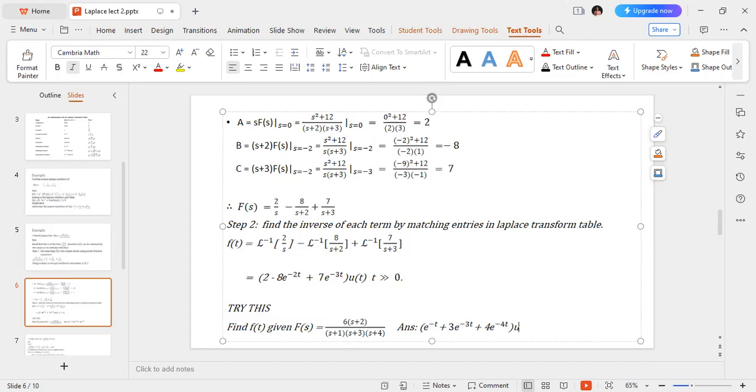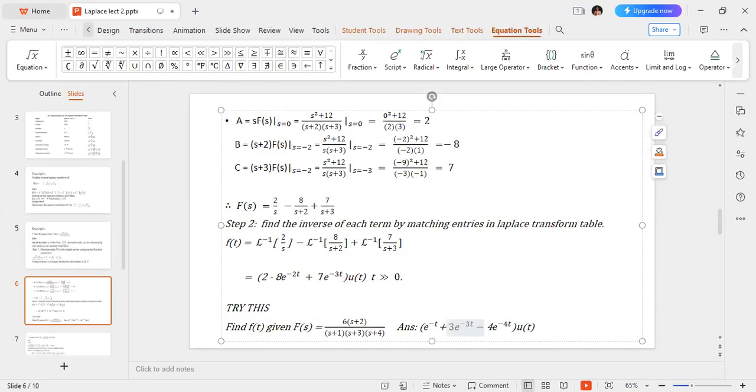This should be minus so that we don't make mistakes.